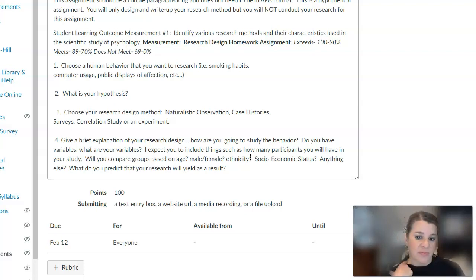Is it important that they break down the difference between males and females? What about socioeconomic status? Exactly what are they doing in their experiment? Making sure that you're identifying any variables or any outliers that might be present that would affect your study. So think through all of those. Those are going to be different based upon your individual study.